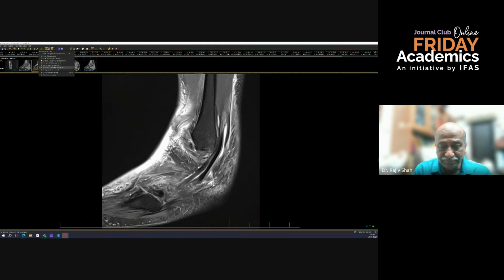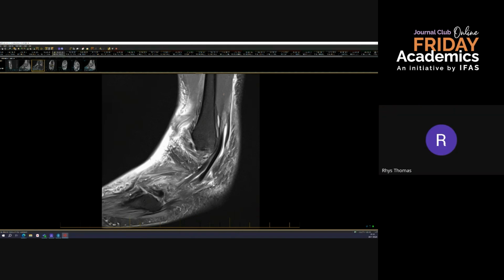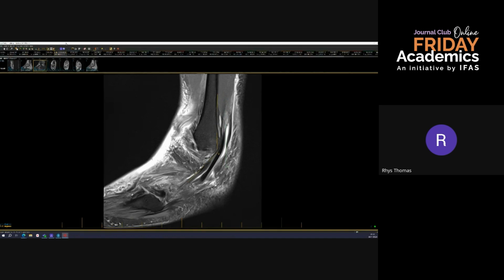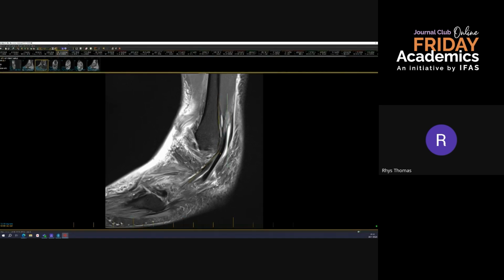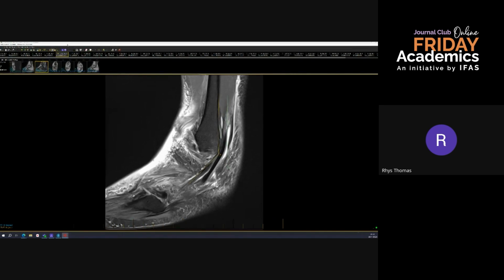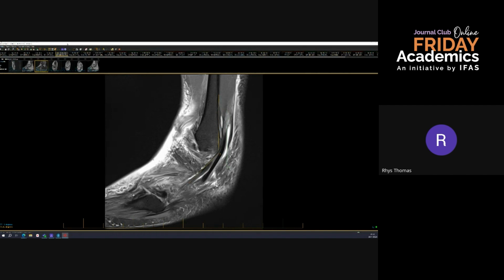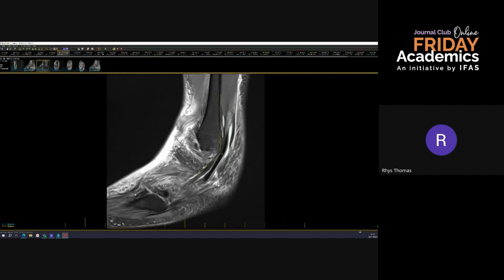Okay. That's a very valid point about the magic angle artifact. We can sort of see it here, and I didn't touch upon it in my talk. The PD sequence is quite prone to it at around 53 or 47 degrees, which is roughly what we've got here.